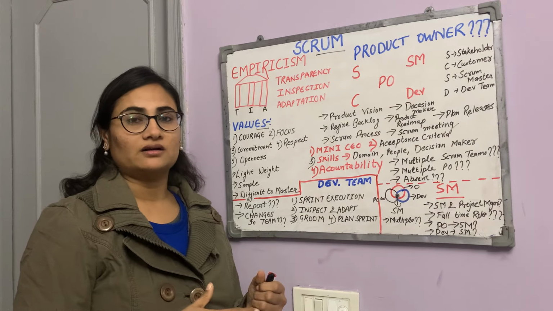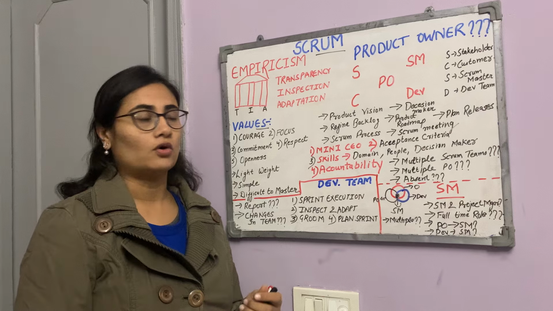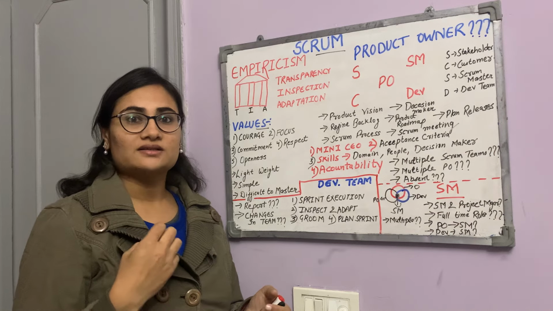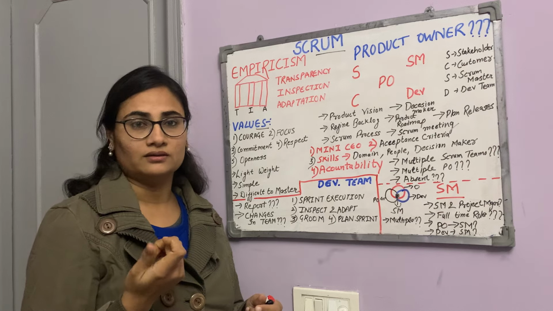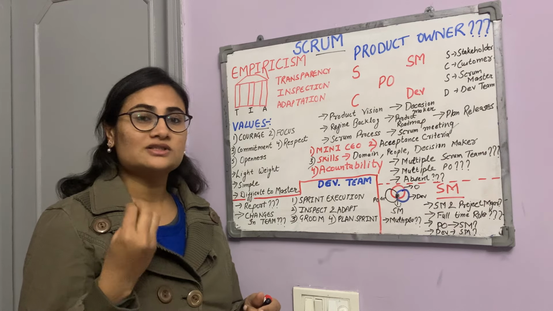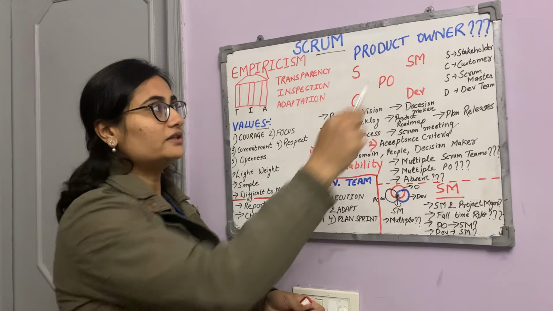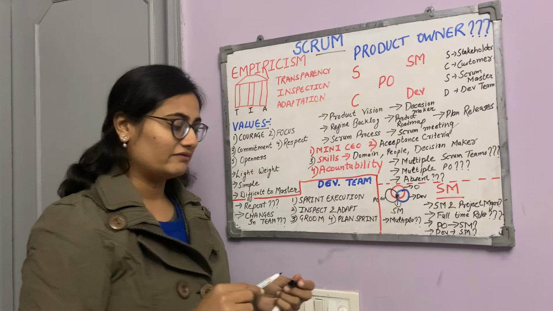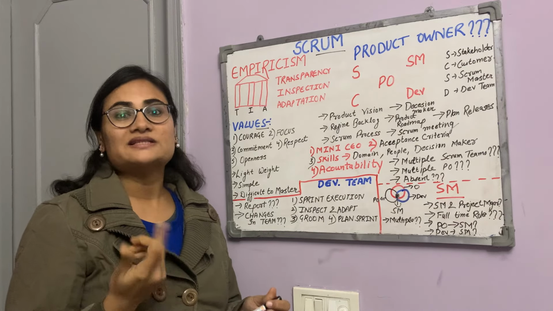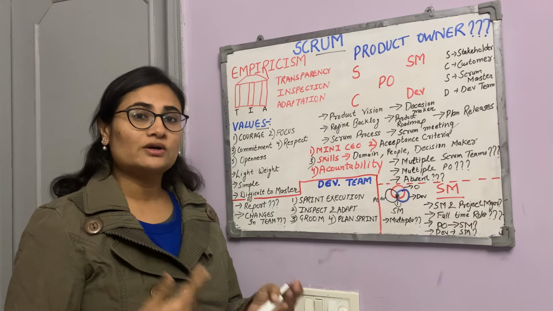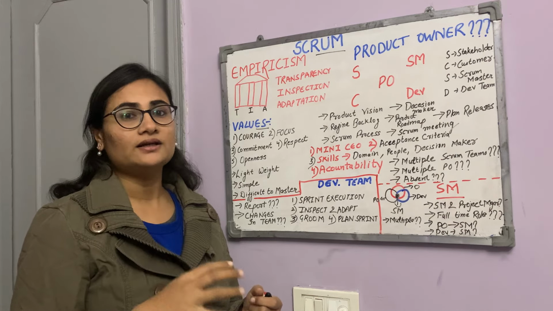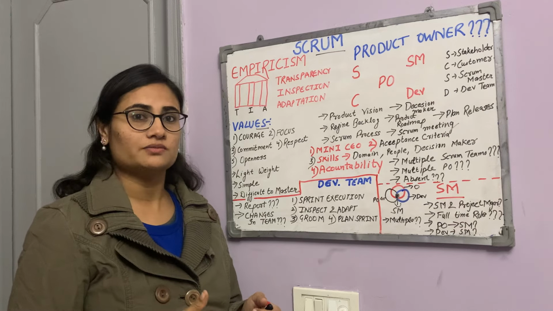Why is today's video important for you to watch? Because I am going to answer some of the most confusing roles and responsibilities of the product owner, Scrum Master, and development team, or some of the misconceptions regarding these roles, which could give you better clarity over their roles and responsibilities.